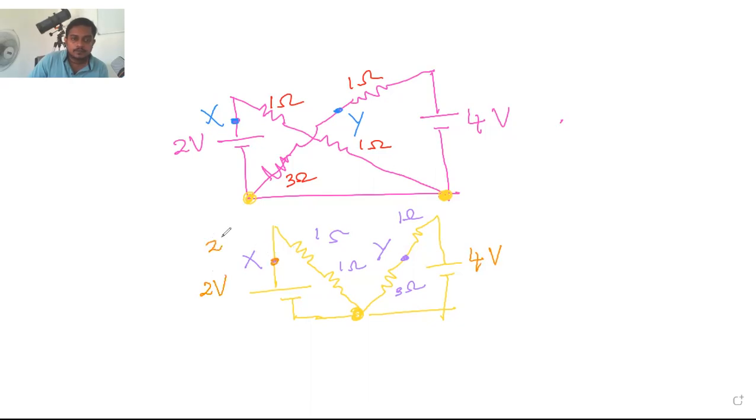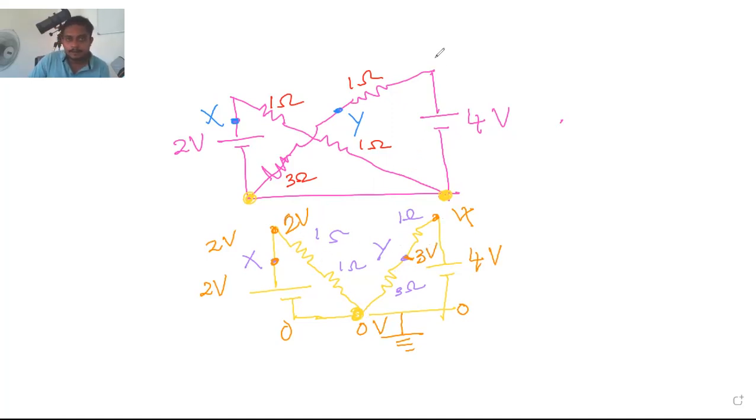Consider if I connected this to ground, the potential here is 0. Here 2 volt. If here 0 and here 4, 1 is dropped, it comes to 1, 4. Here it is then 3 volt and here 0 volt. 3 volt, 0 volt, 2 volt.